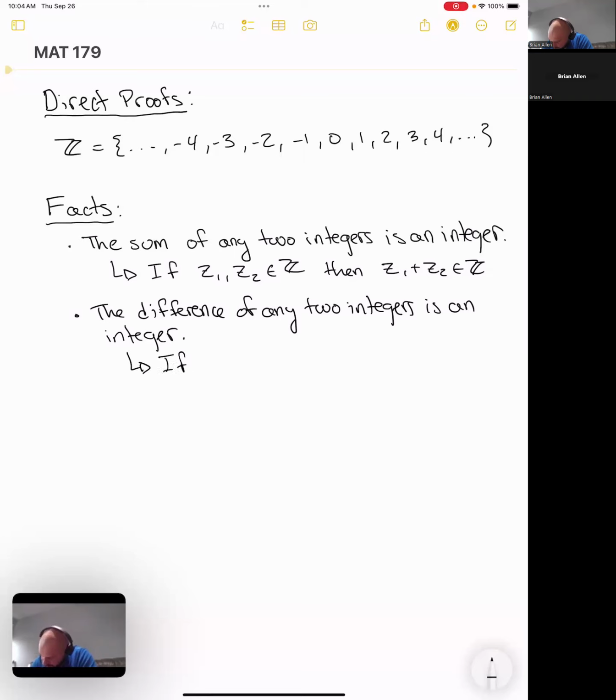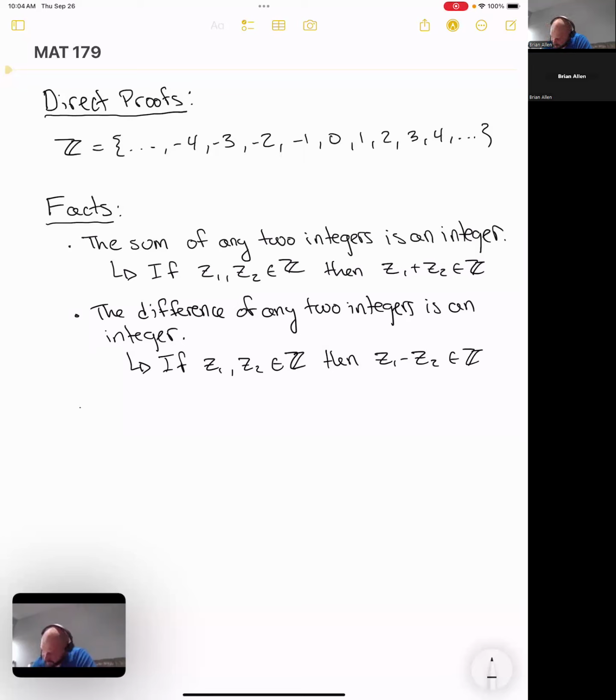So we say if Z1 and Z2, and again, I can use whatever letters I like. I'm just choosing to use Z1 and Z2 here. If Z1 and Z2 are elements of the integers, meaning that they are both integers, then when I take their difference, that is also an element of the integers.